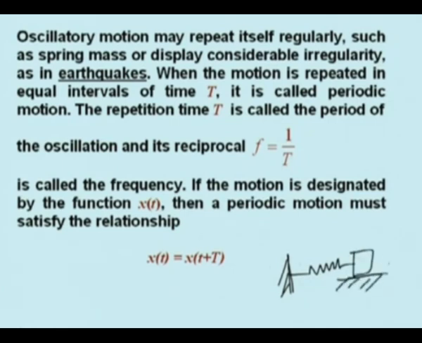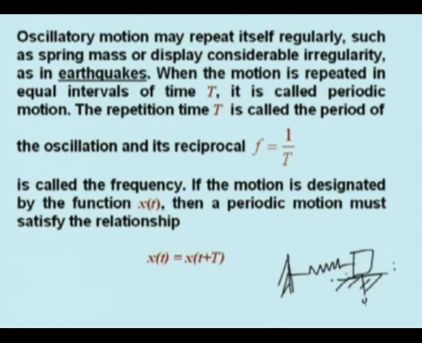It may repeat regularly. We know that at 0 second it was here, at 5 seconds it went there, again after 5 more seconds it came here, then it went there. So this type of behavior keeps continuing.